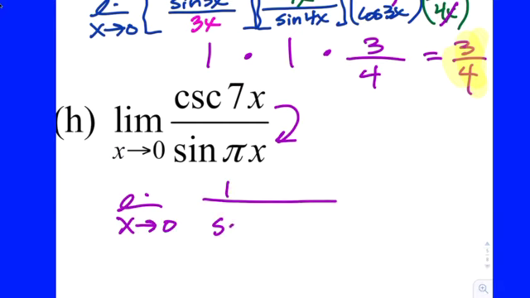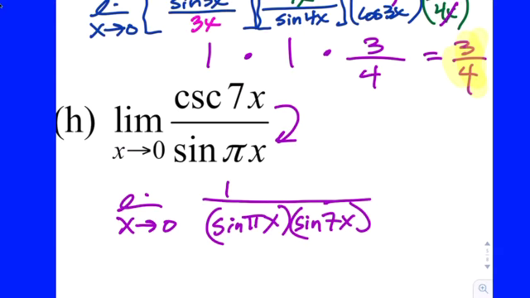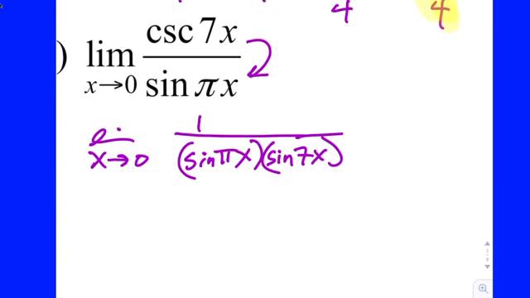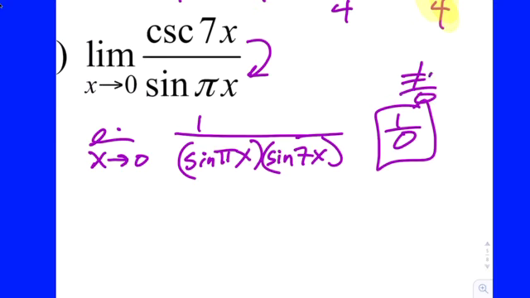That becomes 1 over sine of pi x times sine of 7x. And now if we plug in, it's going to give us a definitive outcome, not an indeterminate outcome. We get 1 over 0. And what does non-zero over 0 always mean?